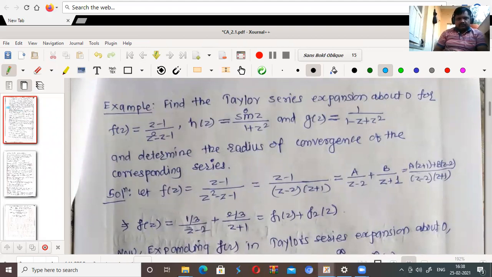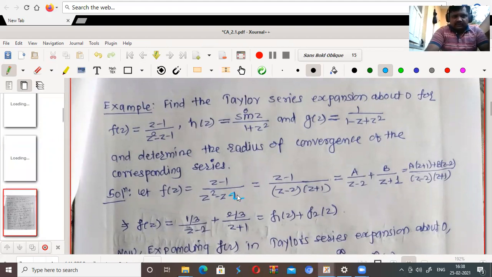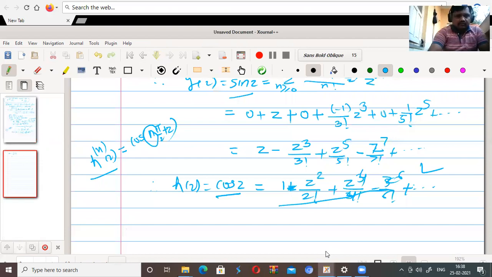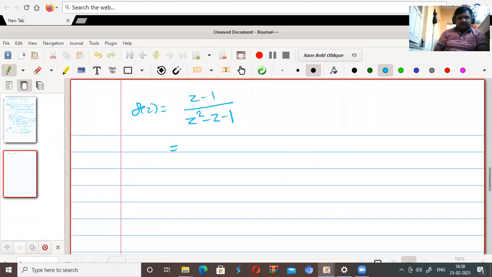It should be 2, not 1. z square minus z, not minus 1, but it should be minus 2. How can you write it? It is equal to z minus 1 upon z square minus 2z plus z minus 2.